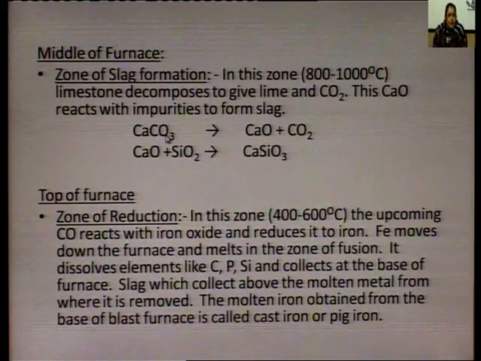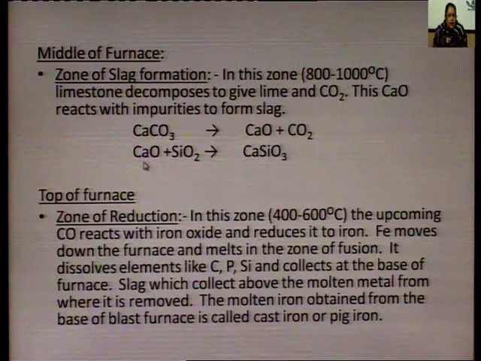In this zone, first of all the limestone which we have fed at the top of the furnace, that is CaCO3, will decompose to calcium oxide and carbon dioxide. The calcium oxide, being a flux, will react with the impurities, forming the slag.